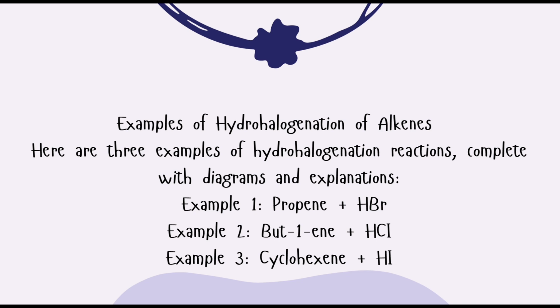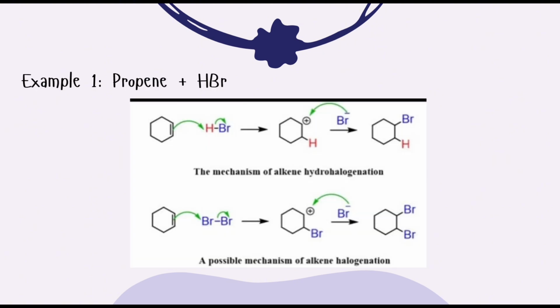There are three examples of hydrohalogenation reactions complete with diagram and explanation. So example number one is propene plus hydrogen bromide. The image illustrates two different reaction mechanisms. First is the mechanism of alkene hydrohalogenation.